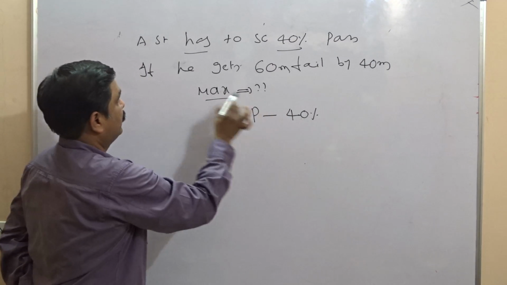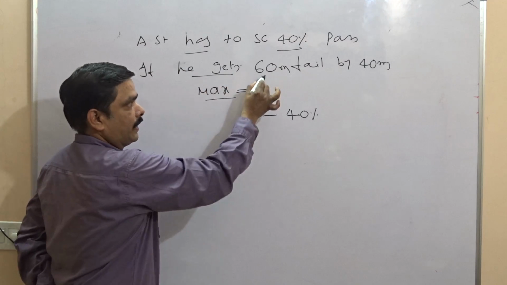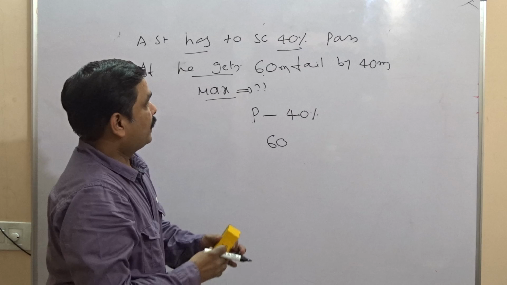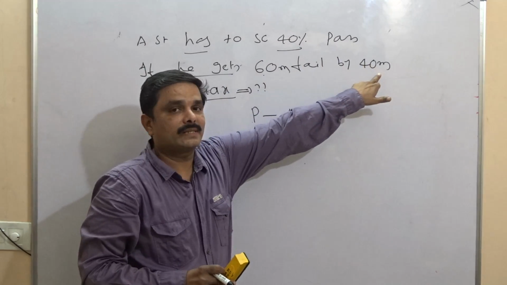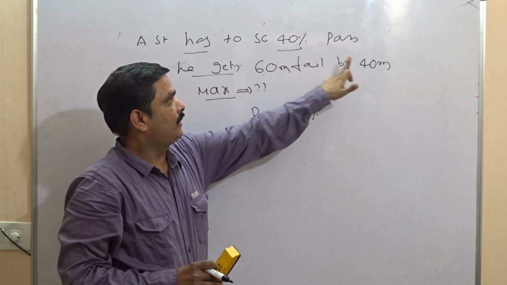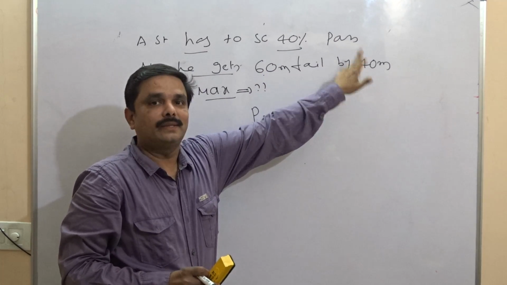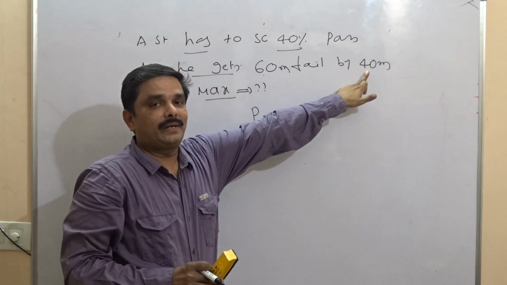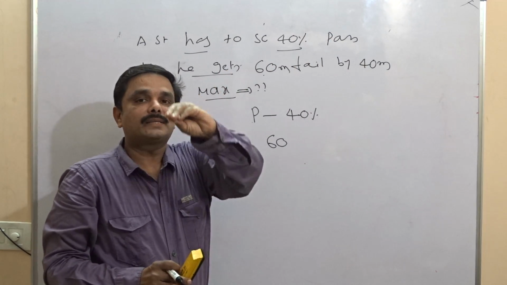Now the next one is, in fact he got 60 marks, but failed by 40 marks. What's the meaning of that? When he gets 60 marks and fails by 40 marks, the meaning is that 60 plus 40 should be the pass mark.